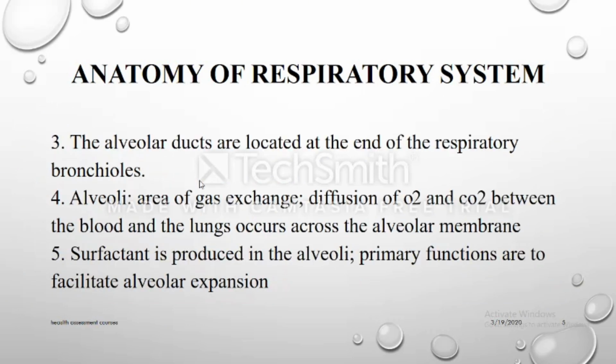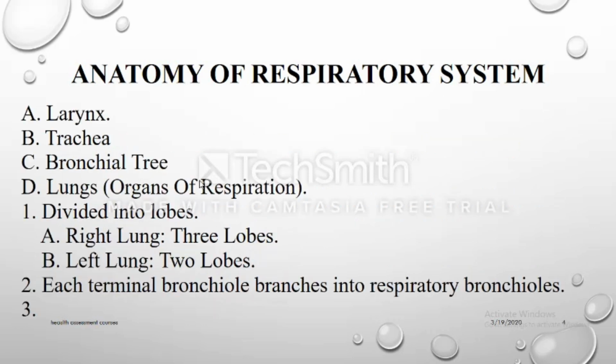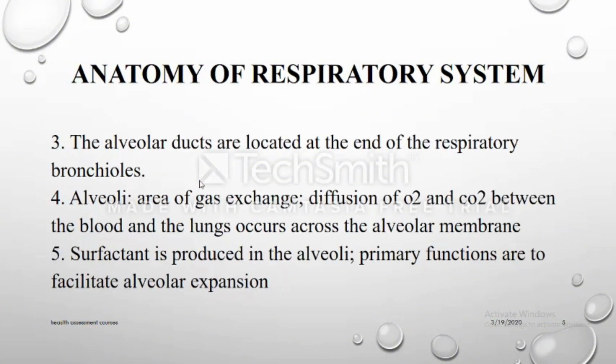Each terminal bronchiole branches into respiratory bronchioles. The alveolar ducts are located at the end of the respiratory bronchioles. The alveoli is the area of gas exchange, responsible for diffusion of O2 and CO2 between the blood and the lungs, and it occurs across the alveolar membrane.